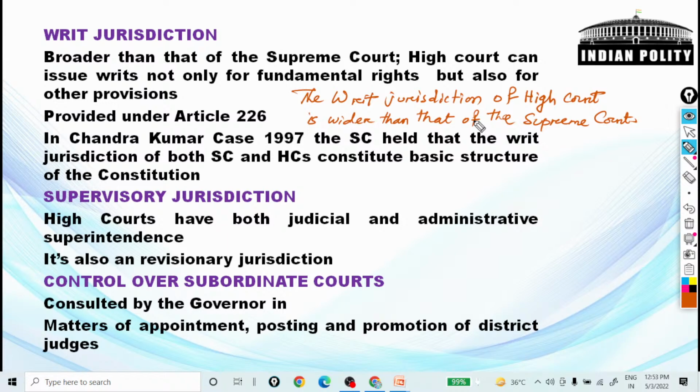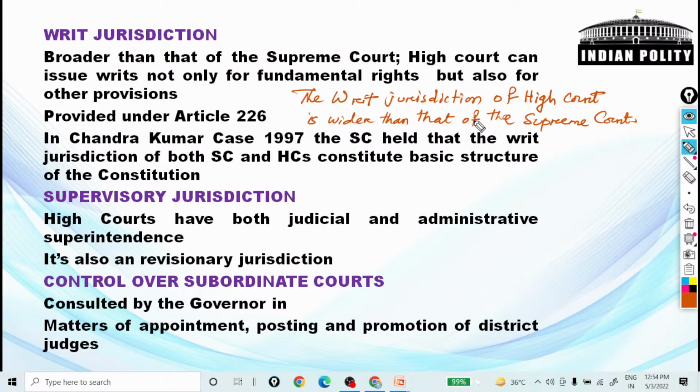So it has complete supervisory control over the subordinate courts and other judicial bodies. Hence the subordinate courts enjoy both judicial and administrative superintendence. And such superintendence is revisionary in jurisdiction, meaning it can be changed from time to time by the High Court. So the High Court has the supervising authority over the subordinate courts.